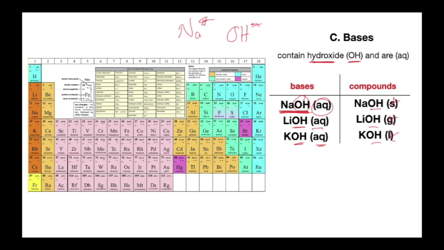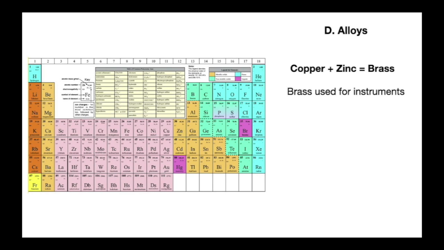Okay, next. There's these things called alloys. If I take copper and zinc, if I take those two metals and I melt them together, I get this new substance called brass. And you all know what brass is. You've seen it in musical instruments.